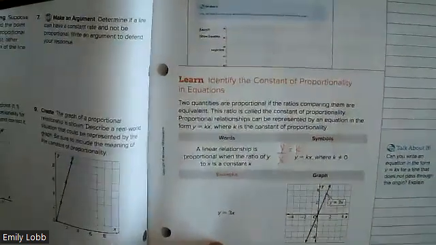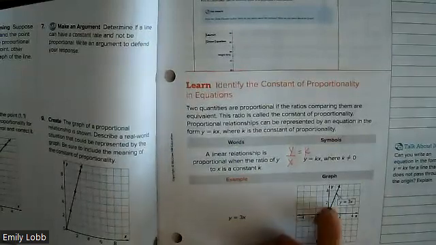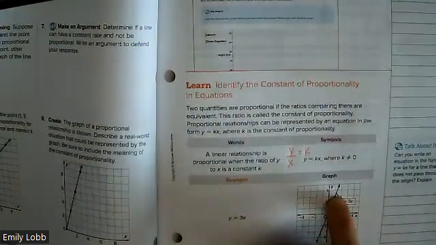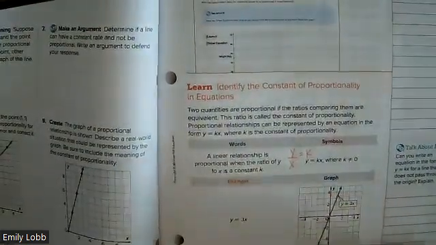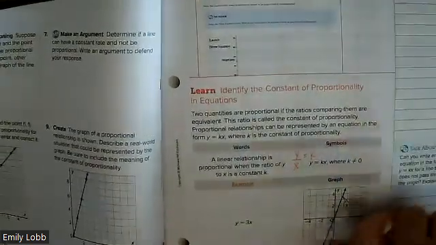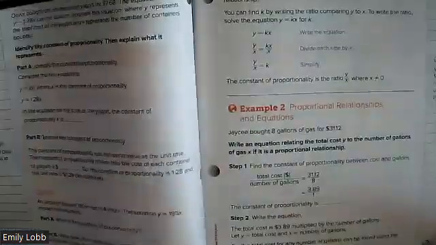So if we're looking at this graph, every time it goes over 1, it's going up 3. So 3 times 1 would be here. They gave you a really awful graph for showing it, but that is what it is.